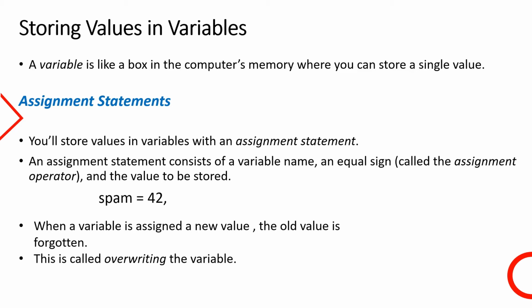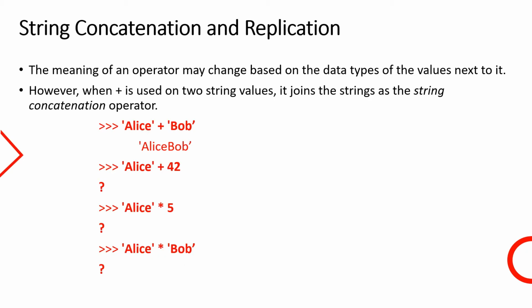In the previous class we studied string concatenation and replication, where we concatenate two strings and use the star operator to get the string repeated 5 times, or whatever value you have given. String into string is not possible, and string into integer is not possible; it will throw an error.